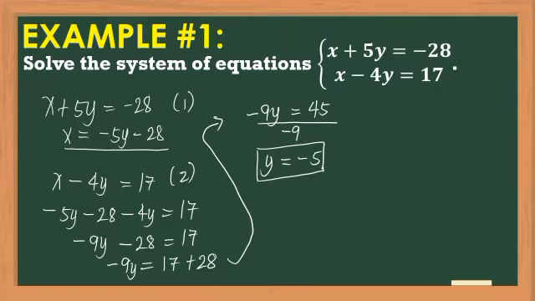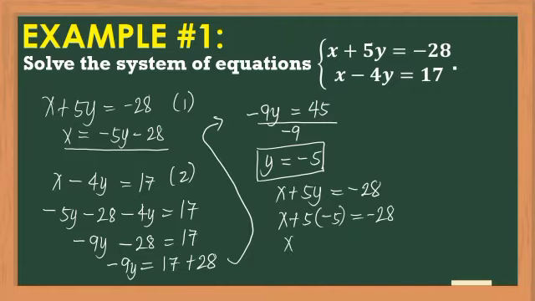And then, itong nakuha nating value na negative 5, isa-substitute natin ngayon dun sa first equation. Yung first equation natin, x plus 5y equals negative 28. Since yung nakuha nating value is negative 5, isa-substitute lang po natin. So, x plus 5 times the value of y, negative 5, equals negative 28.